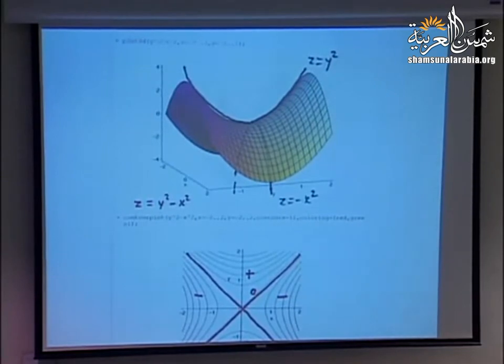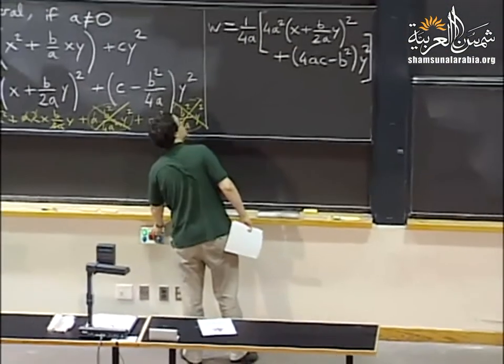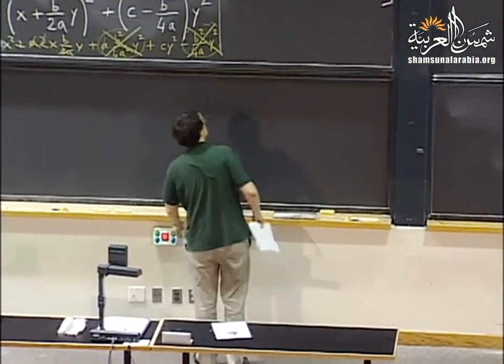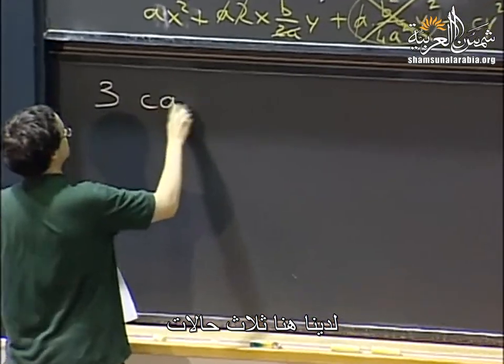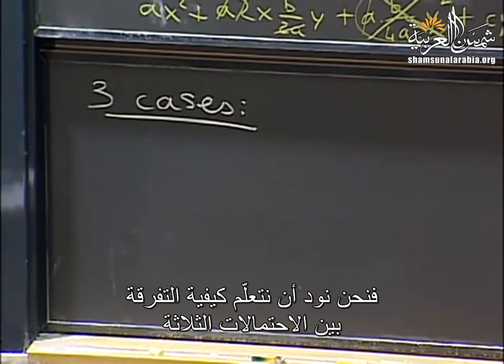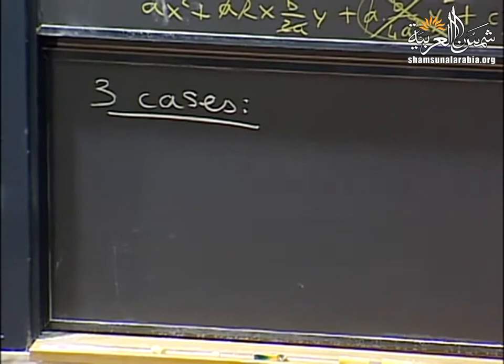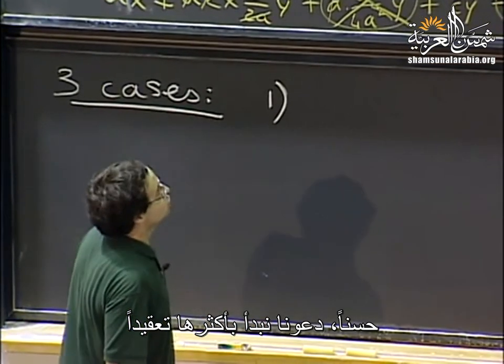Okay, so I claim there's various cases to look at. So let's see. In fact, I claim there will be 3 cases, and that's good news for us because, after all, we want to distinguish between 3 possibilities. So let's first do away with the most complicated one.